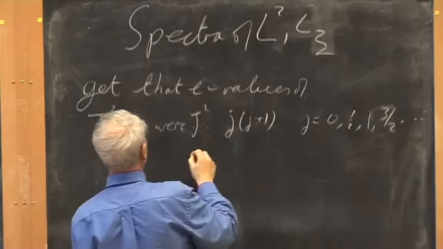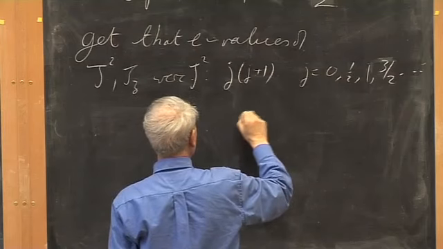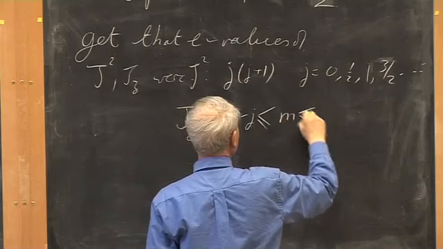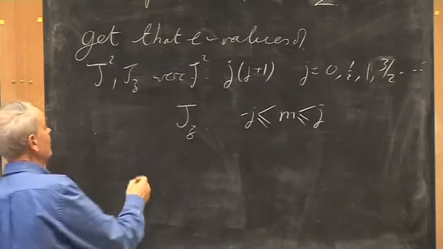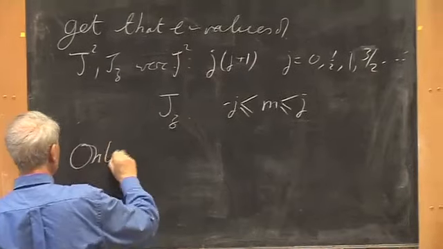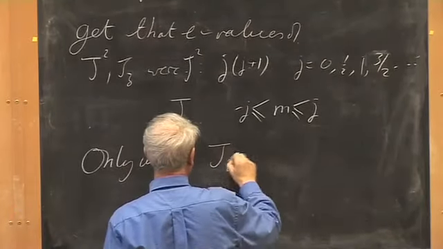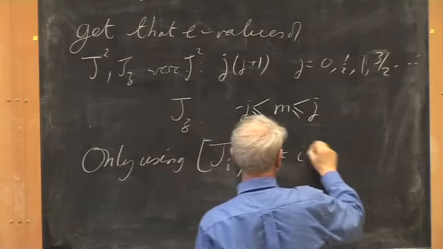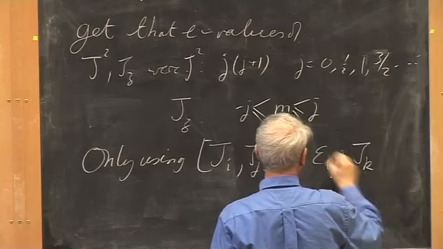And we had that Jz had eigenvalues m, which lay between minus j and plus j. And we got these results only using that the commutator of Ji and Jj equals i epsilon ijk Jk.